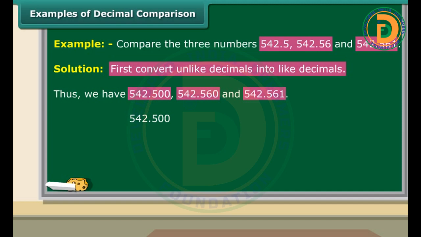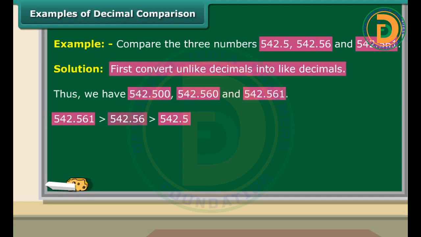Now concentrate on the decimal part alone. The first number represents 500 thousandths, second number represents 560 thousandths, and the third number represents 561 thousandths. So, 542.561 is greater than 542.5 and 542.56.